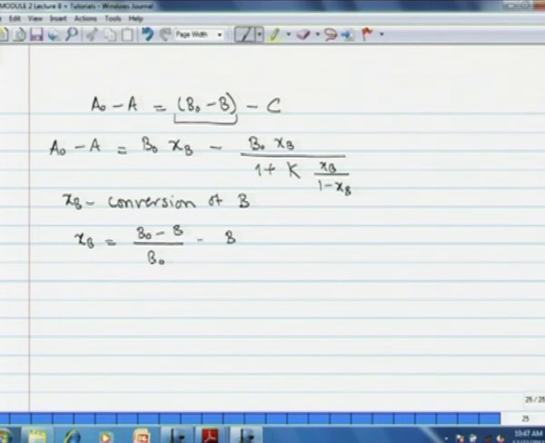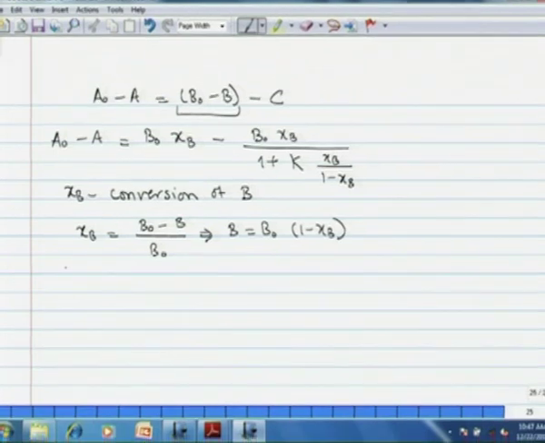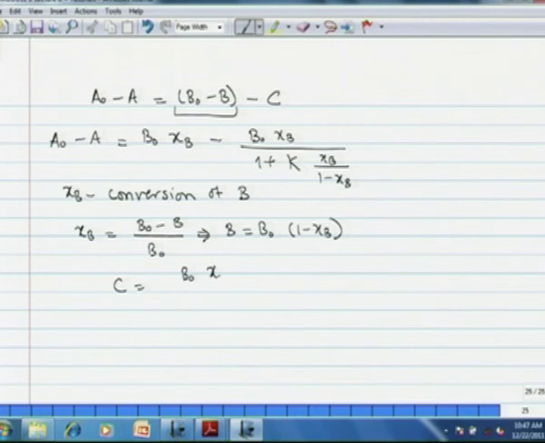Therefore, B is equal to B naught into 1 minus XB, and therefore, C is B naught into XB divided by 1 plus K into XB divided by 1 minus XB.